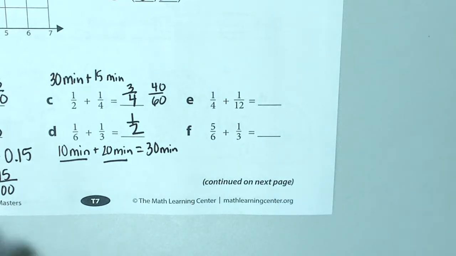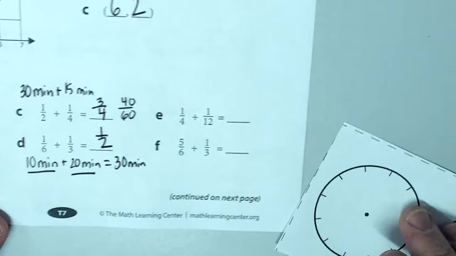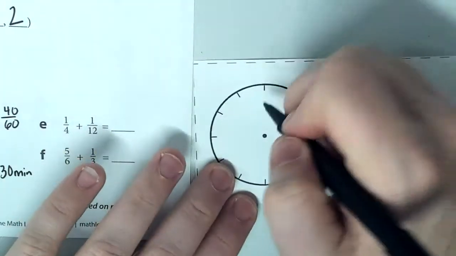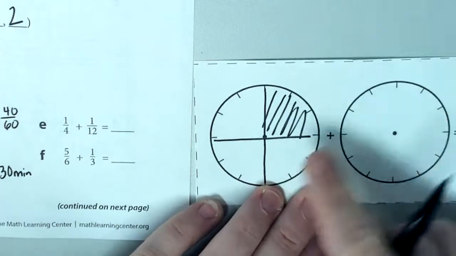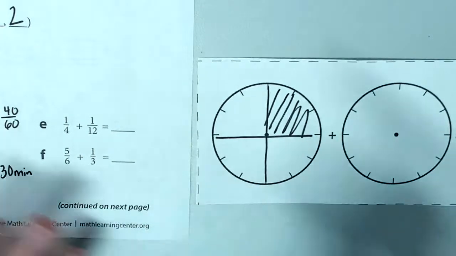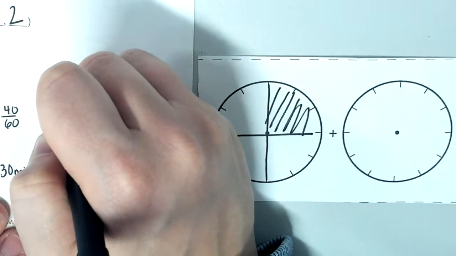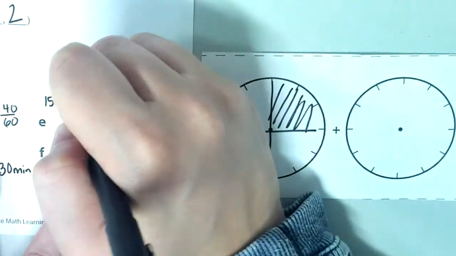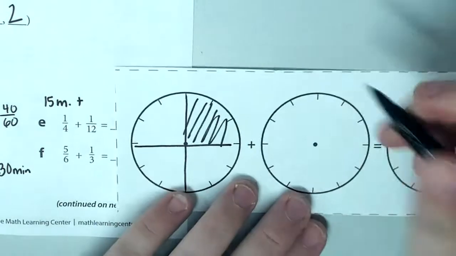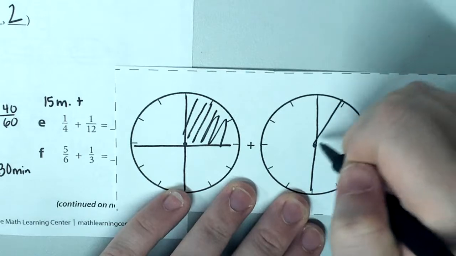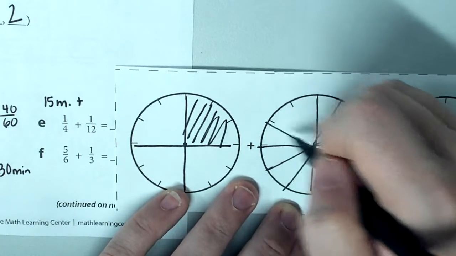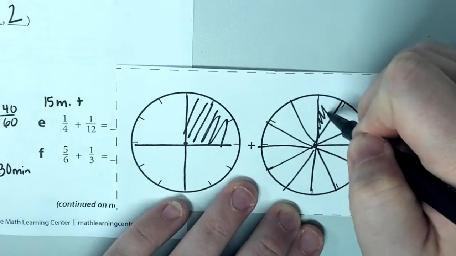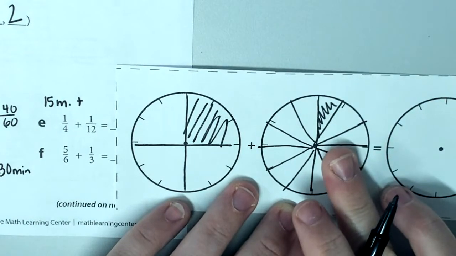All right, the next one, 1/4 and 1/12. I'm going to use a clock again. 1/4. Divide my clock into fourths. Shade in 1. How many minutes is that? 15 minutes. Plus 1/12. We haven't done this one yet. A 12th is just one little pie piece. I like to think about pie. Here'd be 1/12. How many minutes is that?